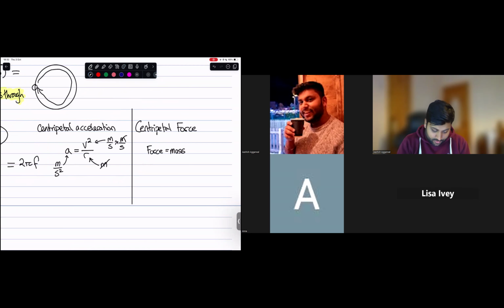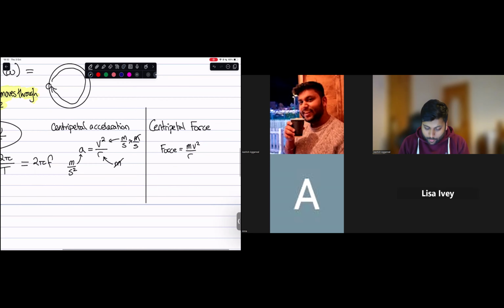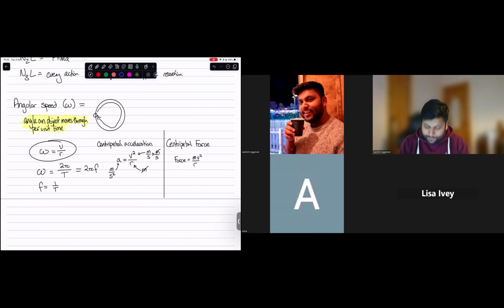And then instead of acceleration, we can use the centripetal acceleration, v squared over r. So we can just say mv squared over r. So again, not too complicated of a formula to have. Okay. Does that all make sense with these?